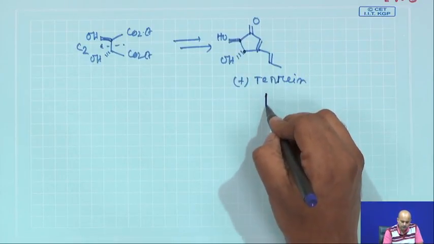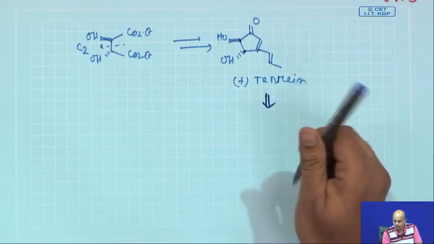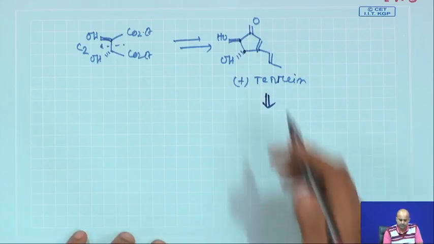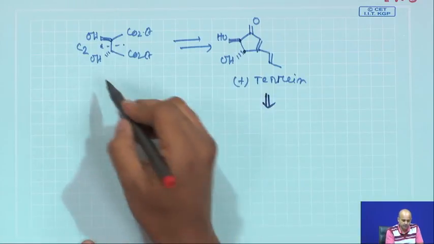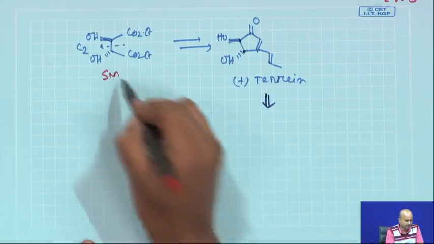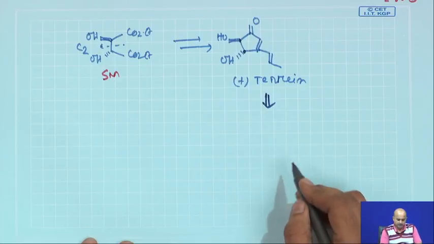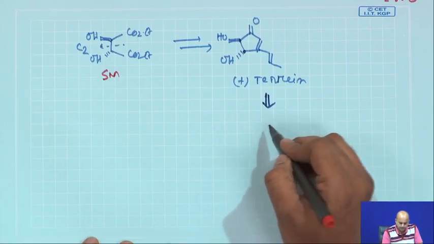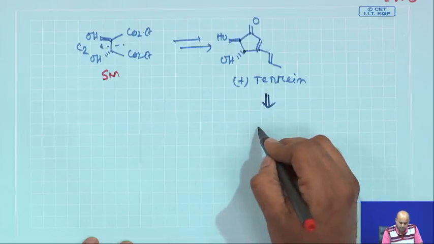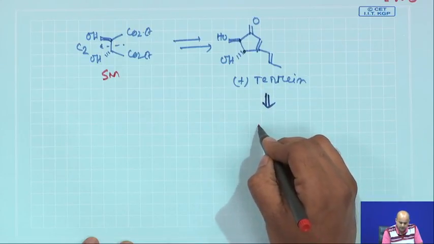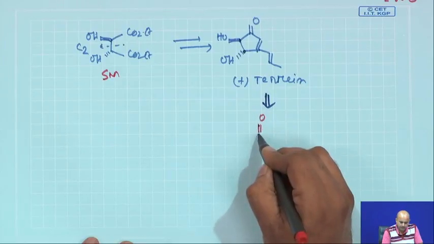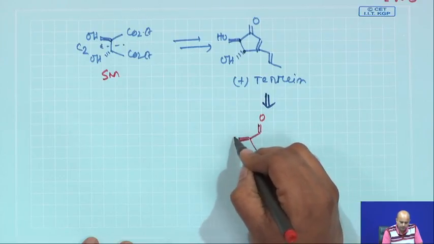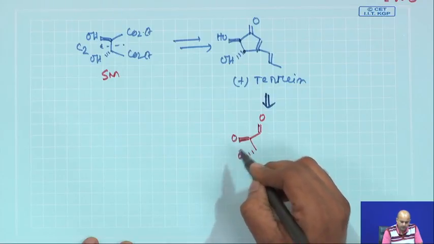Now, you try to analyze through standard retrosynthesis how you can convert this terrein and how it can be constructed from this starting material. We say that we will be trying to use some reaction. Initially, we say you first make sure this free hydroxy group is properly protected.